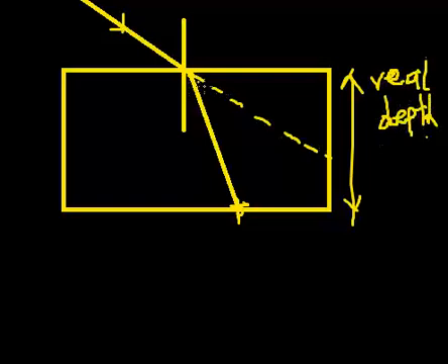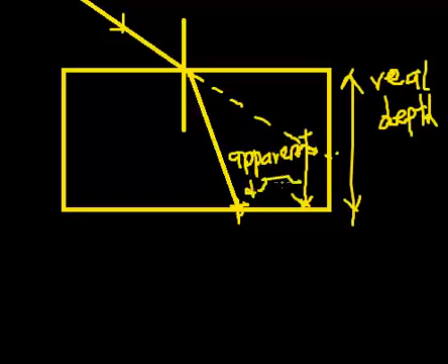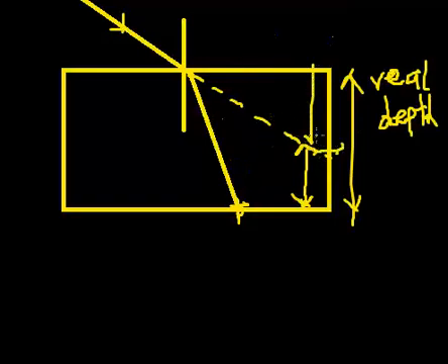Now this depth that I trace is an imaginary depth: assuming there was no refraction, this light should have moved in a straight line, from this point to this point. That is what is known as the apparent depth. Please follow me: it's from the top to this point.